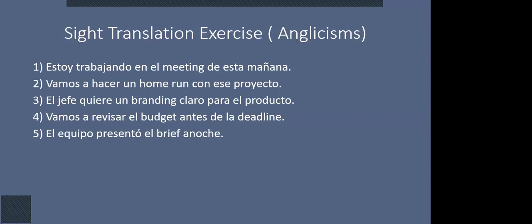Four, 5, please. We could see, let's check. Sorry. No, that's it. We are going to review the budget before the deadline.